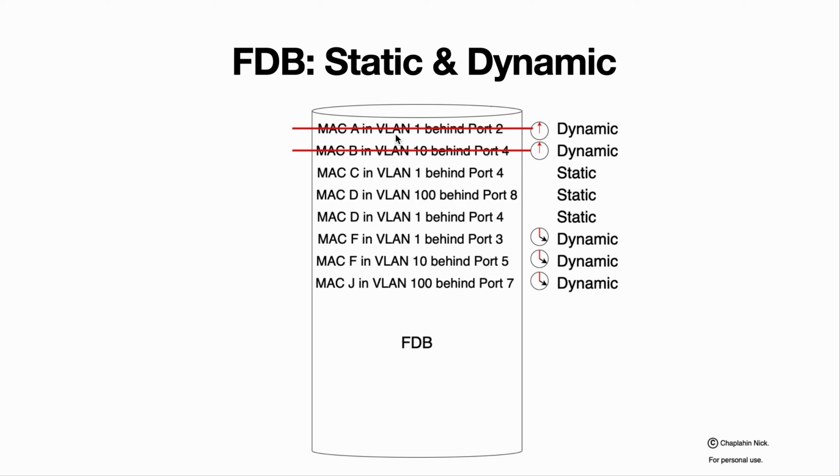Or manually by the administrator. That could be static or dynamic. What's the difference? A dynamic entry has a timeout. This entry expires if during some period of time there is no traffic that uses this MAC address.